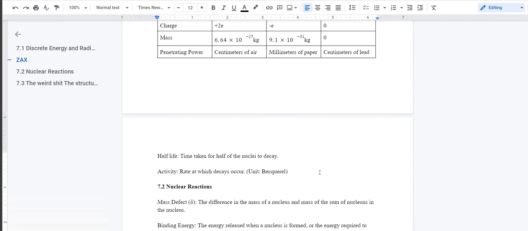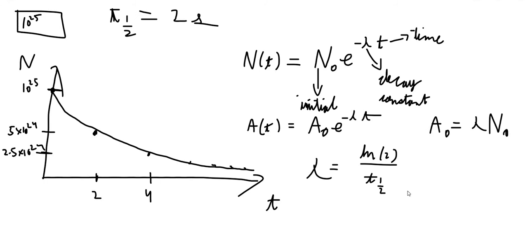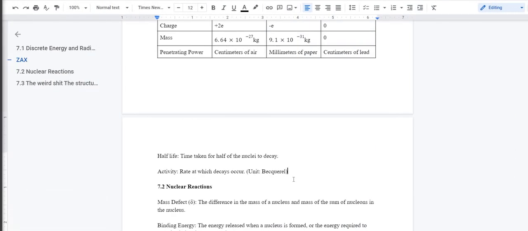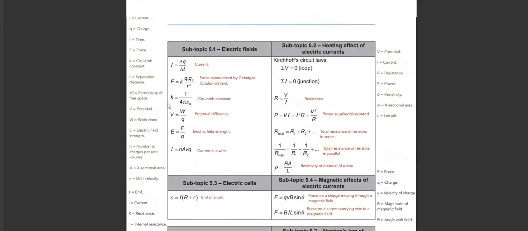The activity, in a similar fashion to radioactive decay, is given as A of t equals the initial activity times e to the minus lambda t, where your initial activity is equal to lambda times the initial number of atoms. And that's the equation given right over here. And that's all there is to 7.1.